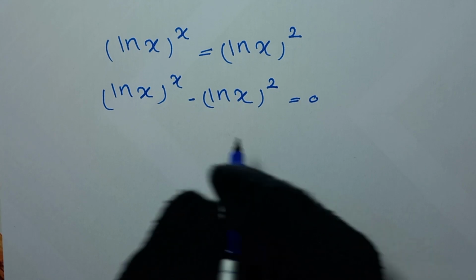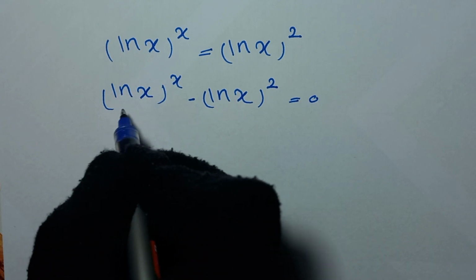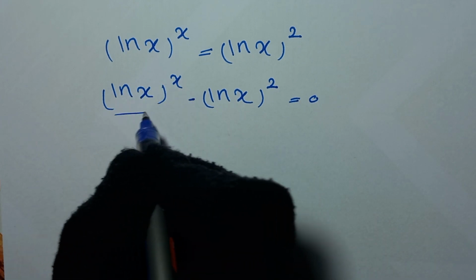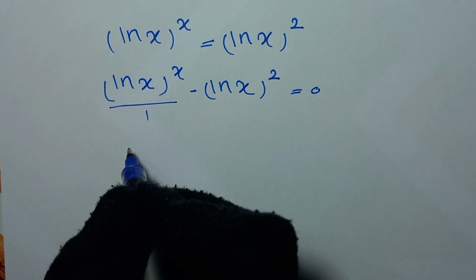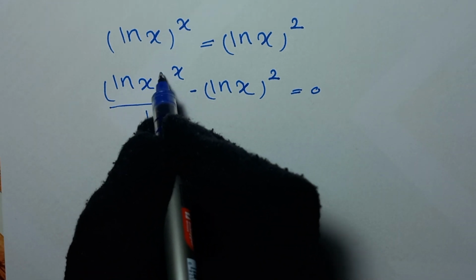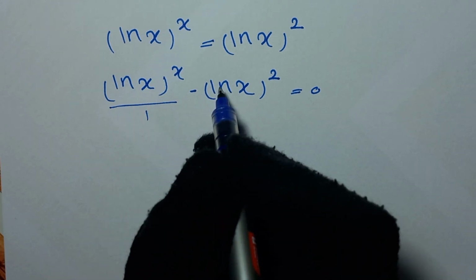In the next step, this is equal to (ln x)^x over 1, right? So in the next step, we multiply this numerator and denominator by (ln x)^2.